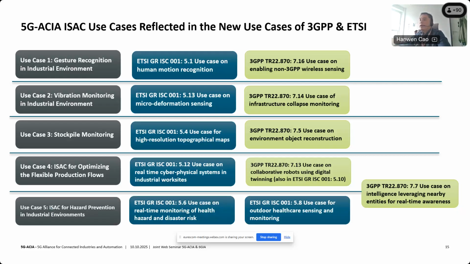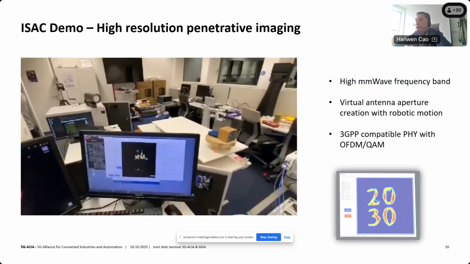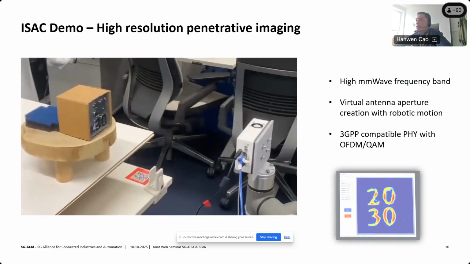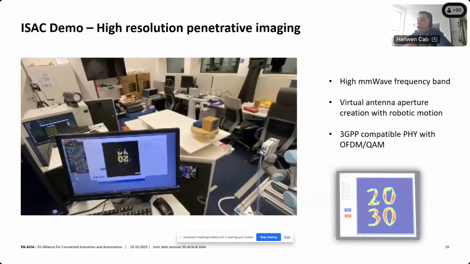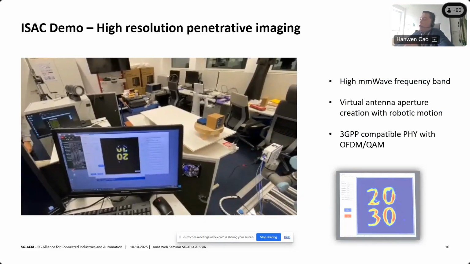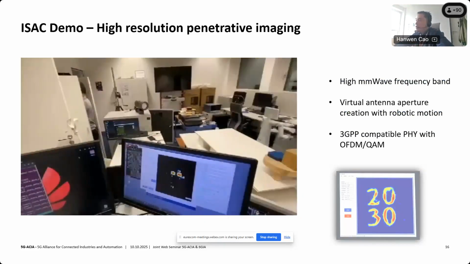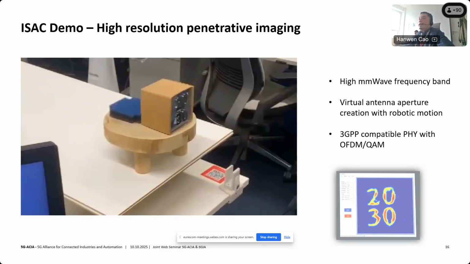Last, I would like to show some demonstrations of some of the use cases, which are mainly done in my research lab. For example, in these cases, we can leverage the high millimeter wave frequency band using conventional OFDM QAM waveforms to create high resolution penetrative images of the object of sensing.